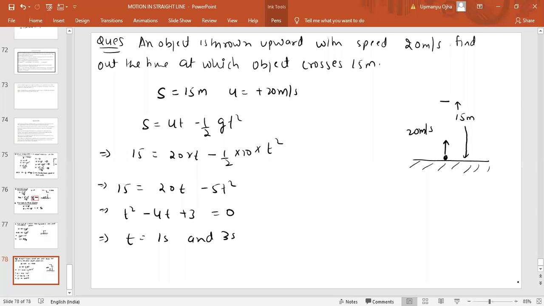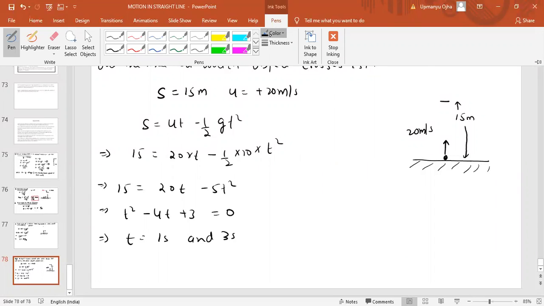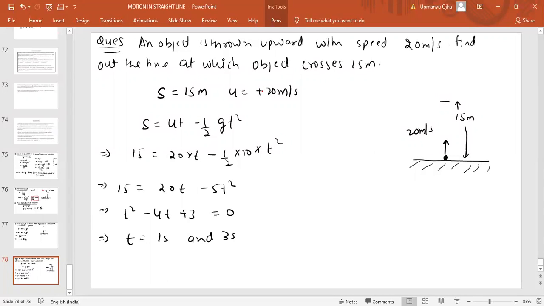Can you explain why we have two times here? The reason is that when you throw the ball upward, it will cross the 15-meter point the first time while going upward. Then its velocity becomes 0 and it starts coming downward.